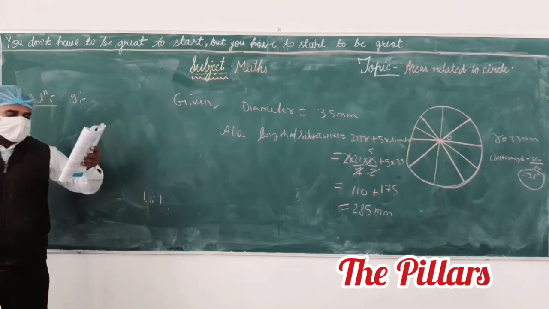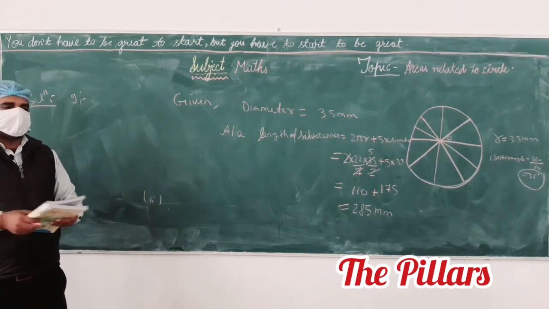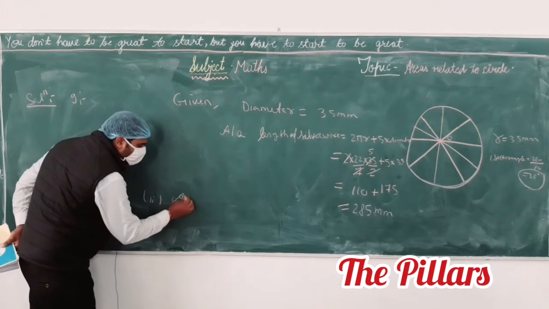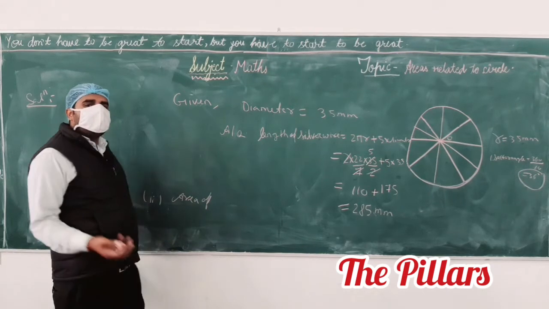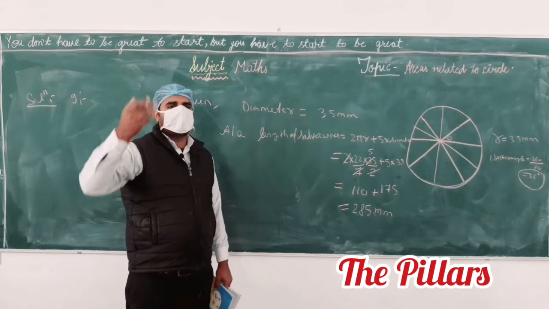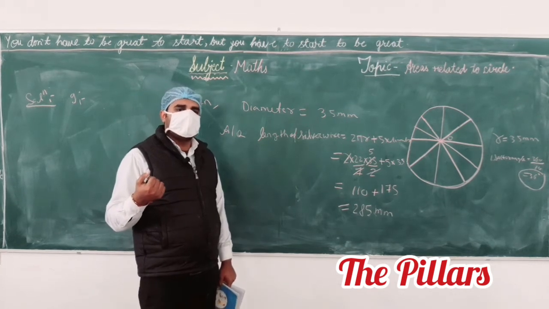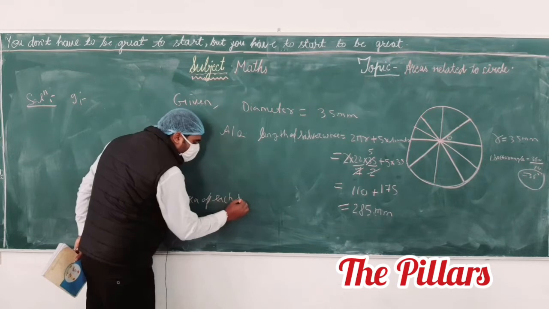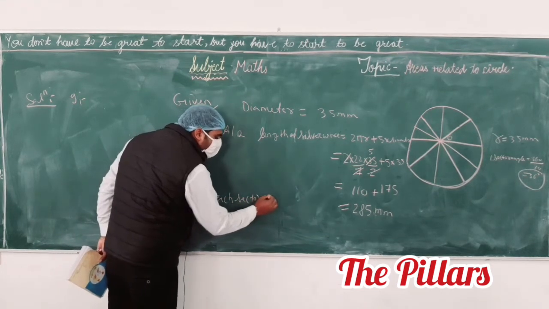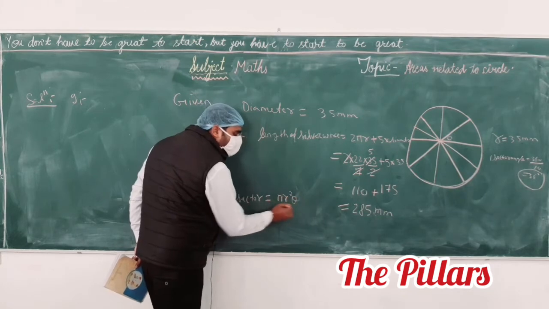The question has asked about the area of each sector. To find it, the area is pi r square theta divided by 360. You have to apply the formula for the area of each sector: pi r square theta upon 360.